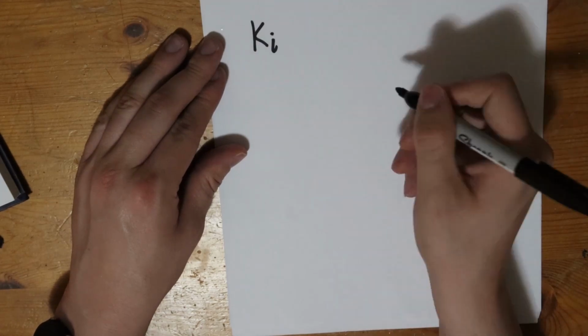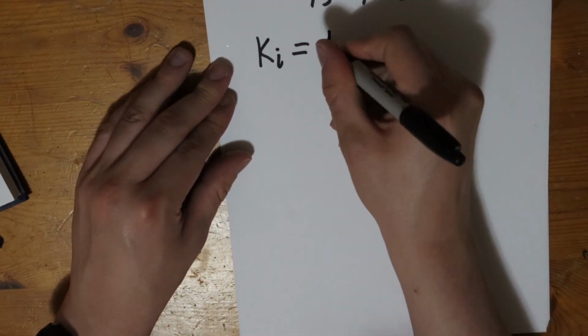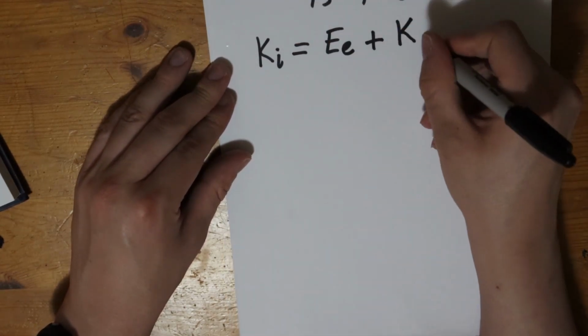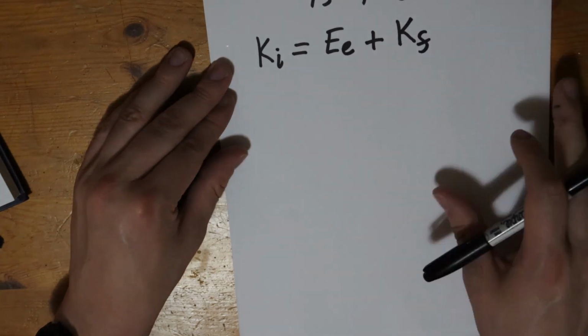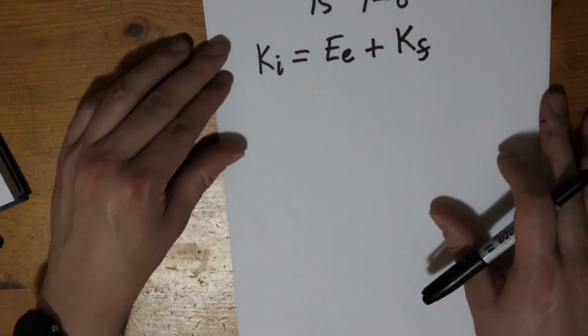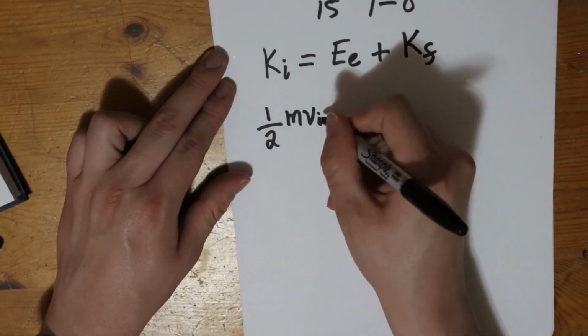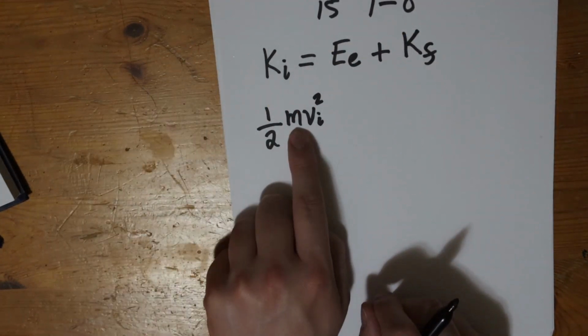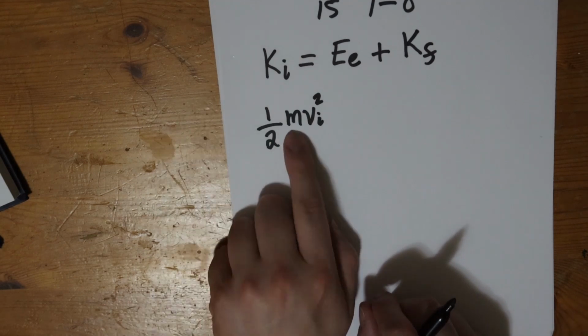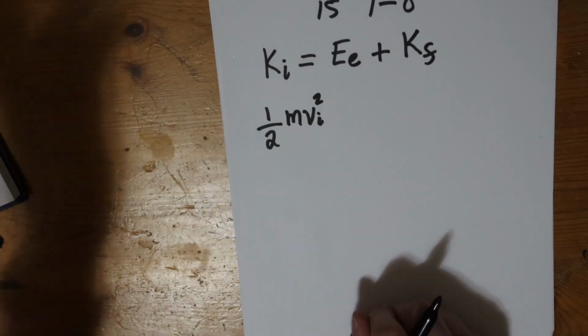So we want to know what is h, and you can use this equation here, which is conservation of energy, where you have the elastic energy and then the kinetic energy before and after. And here you have the initial speed and the mass of the sphere.